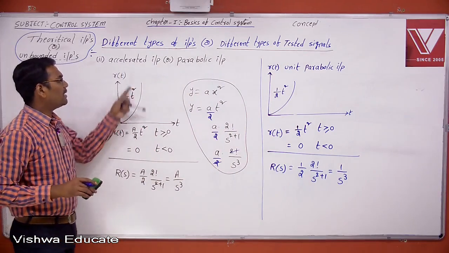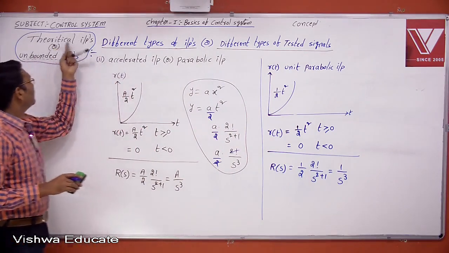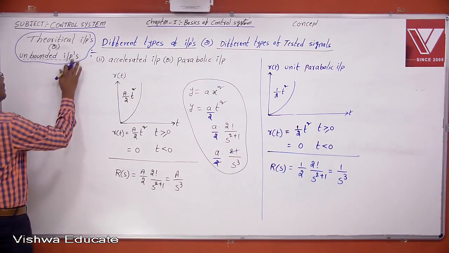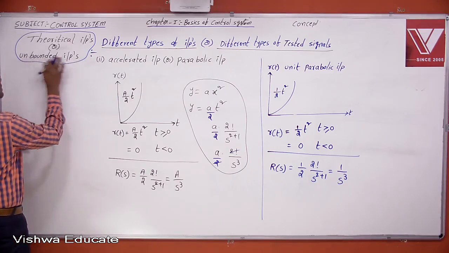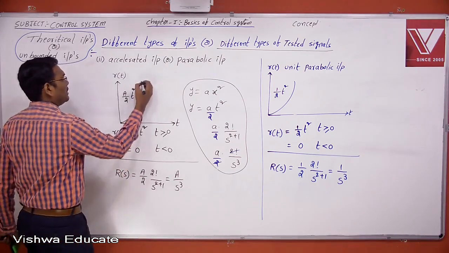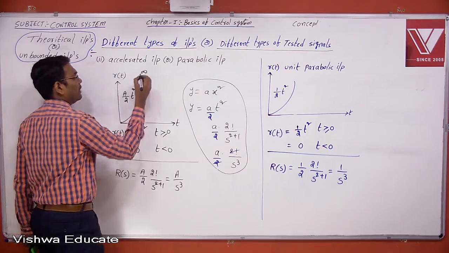Therefore, these are the theoretical inputs, which we also call unbounded inputs. Why is this called an unbounded input? This is also an unbounded input because it is also moving towards infinity.